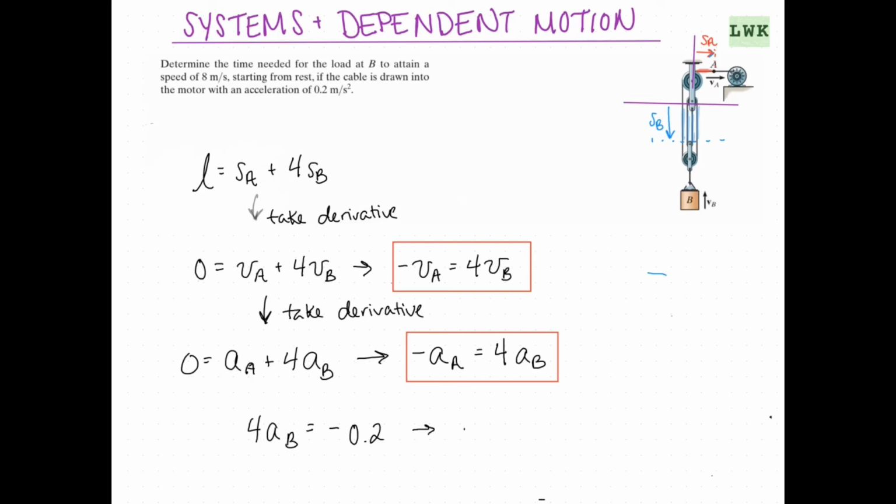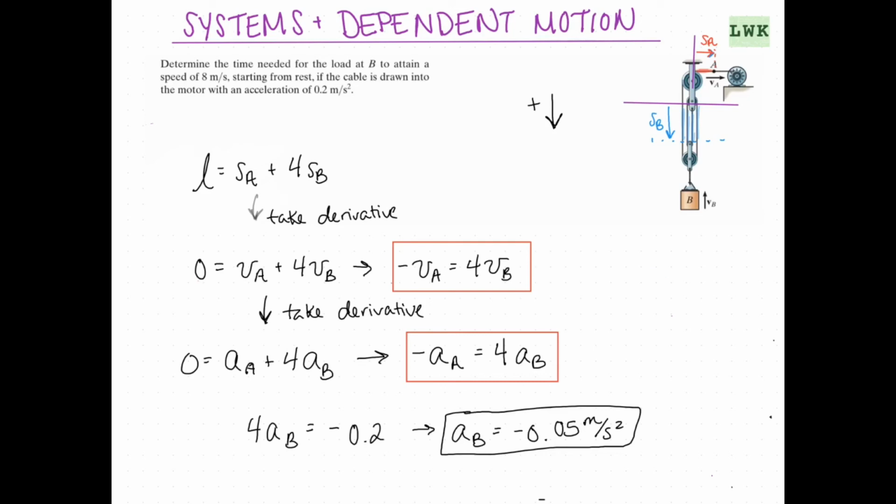That'll let us solve for the acceleration of B, which will be negative 0.05 meters per second squared. And of course that means we are assuming positive is pointing down.